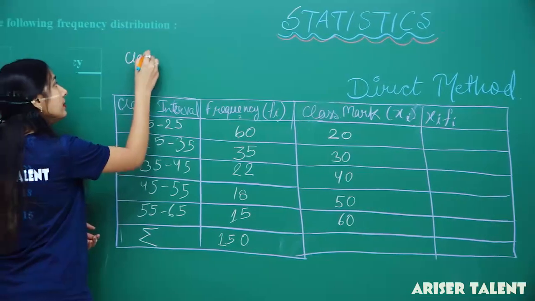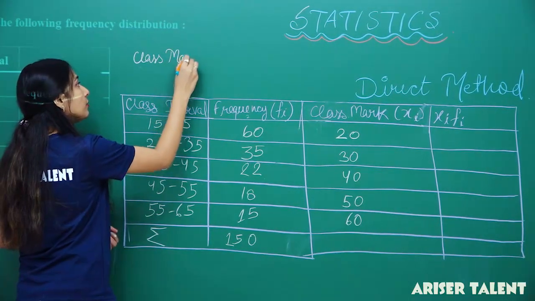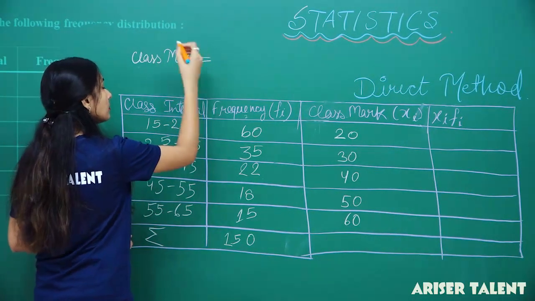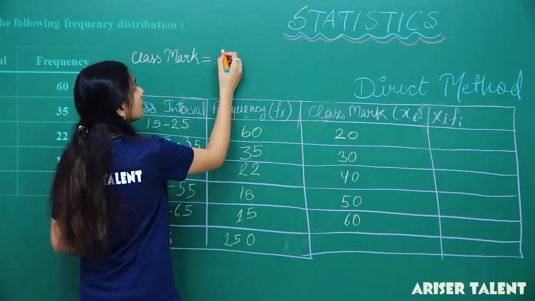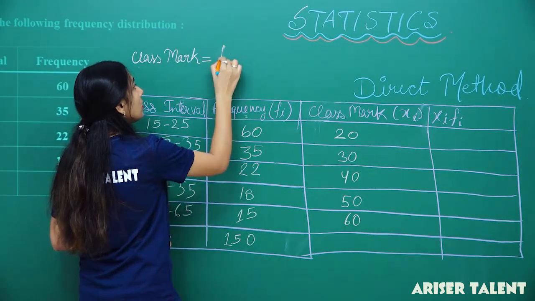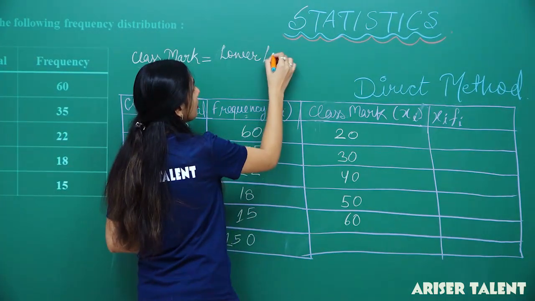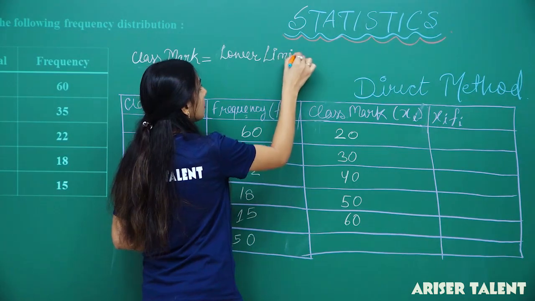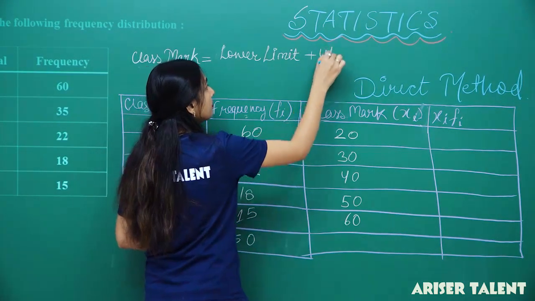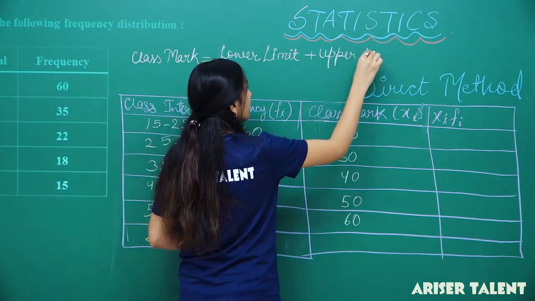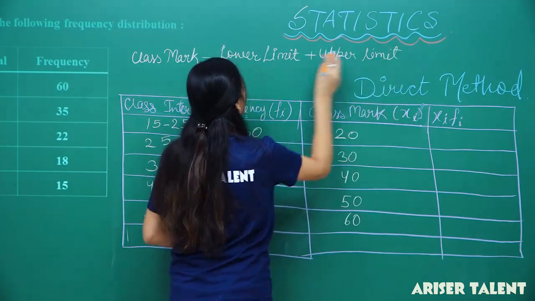Class mark will be equal to lower limit plus upper limit by 2.